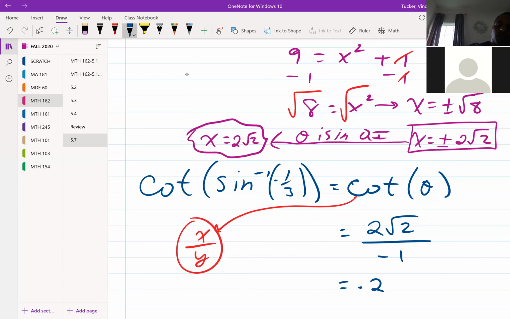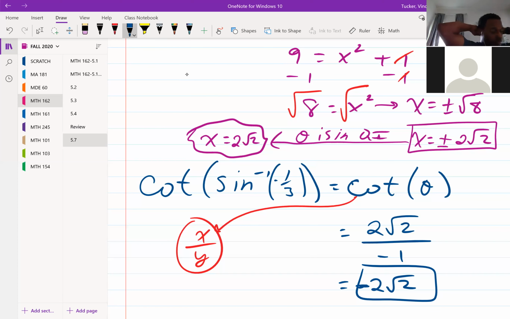So it'd be -2 square root of 2. Questions? Any questions?